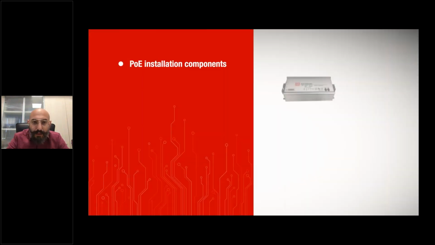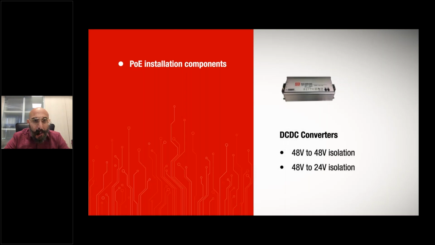These are the components of a typical installation. We have DC-DC converters. They are required to solve the ground problem that may be caused by a switch or by a power system that mixed the ground reference.